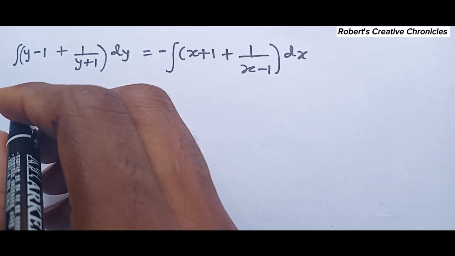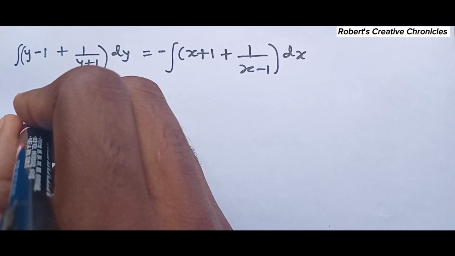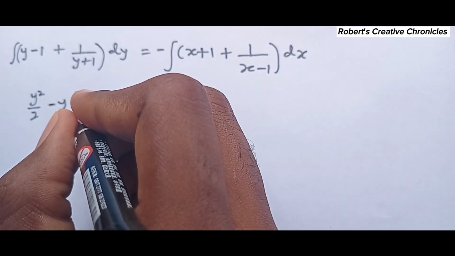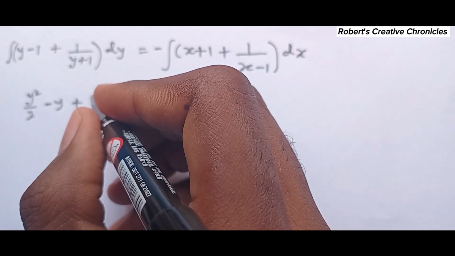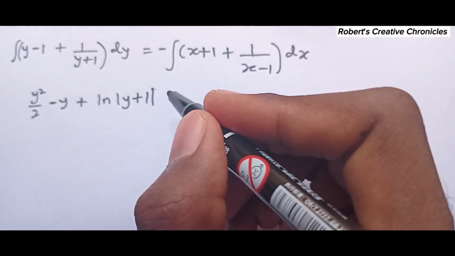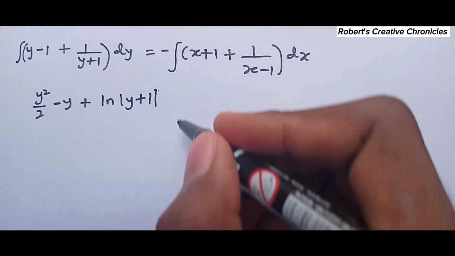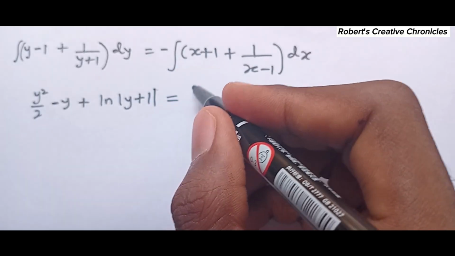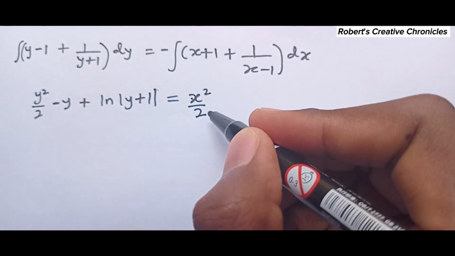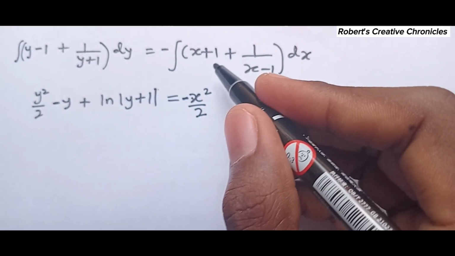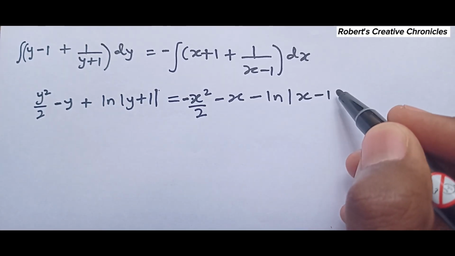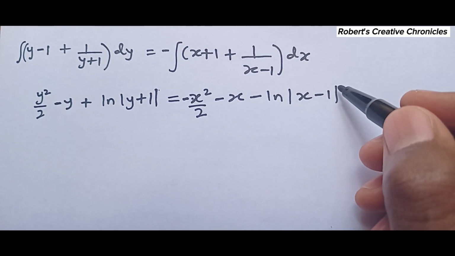Now this becomes integral of y is y squared over 2 minus y plus ln of y plus 1, equals integral of x is what? x squared over 2, but it's negative x squared over 2, this minus, then minus x, then minus ln of x minus 1, plus c.